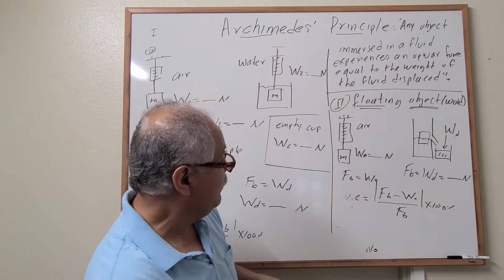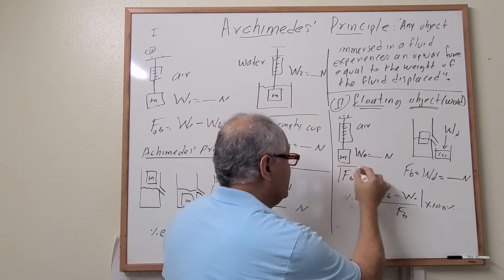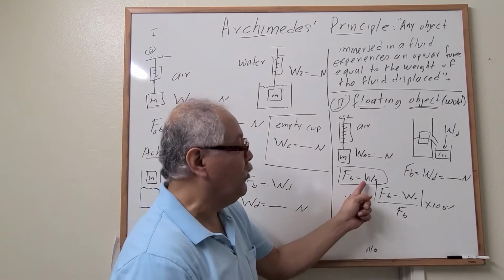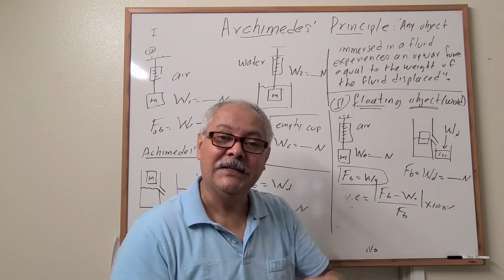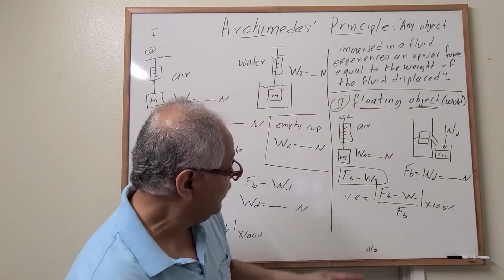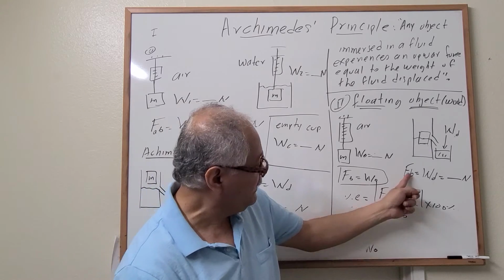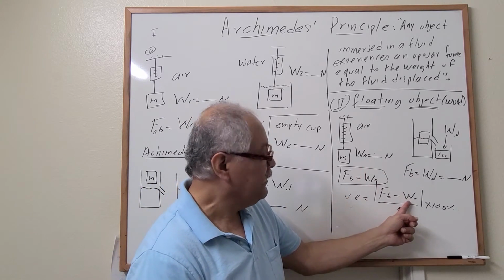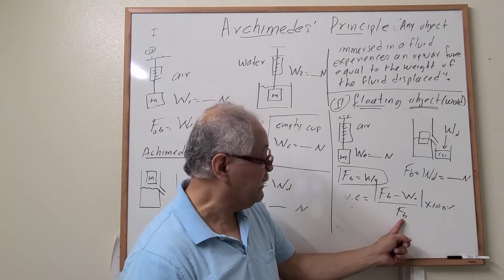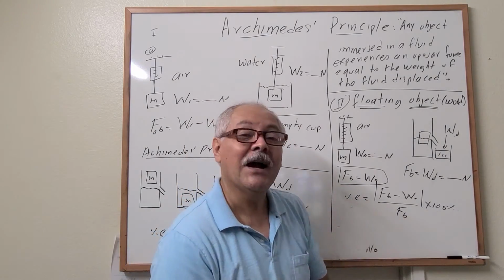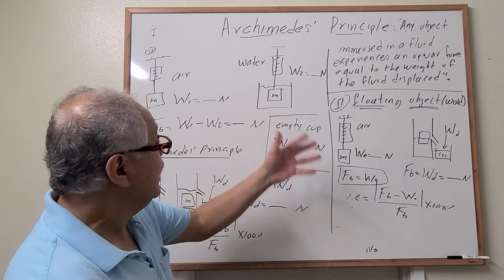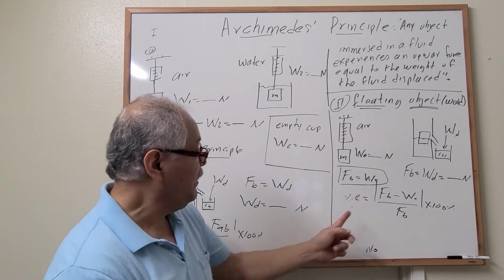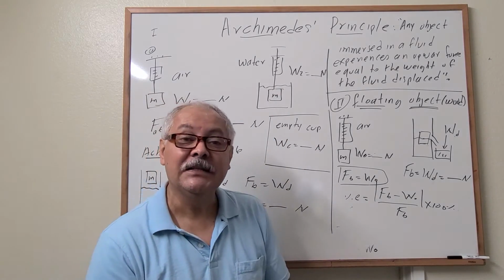And we found again that the buoyant force must be equal to the weight of the floating object in air. Okay, let's prove that. So let's find buoyant force. We find the weight in air, divide this by buoyant force, times 100%. Now let's give data to these quantities and try to find the percent errors.